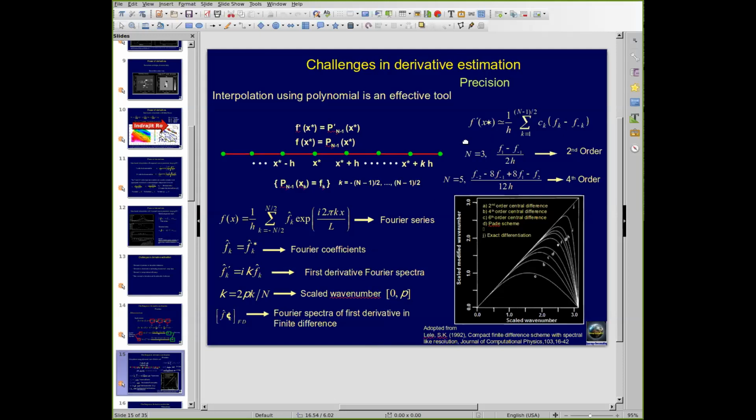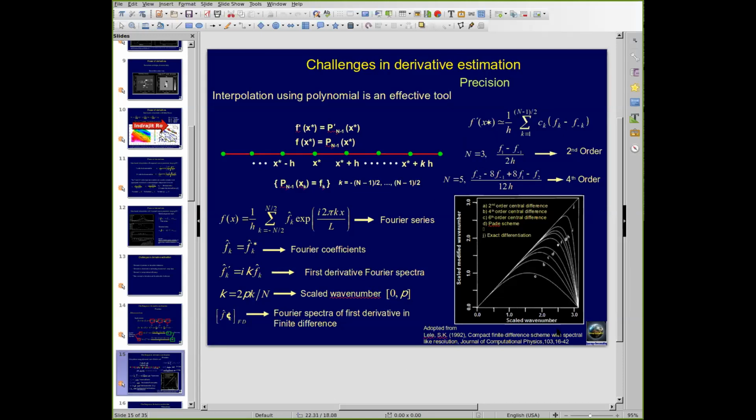And with the fifth order stencil, we require points f of minus 2, minus 1, 1, 2, etc. Why do we need a third order or fifth order? What are the advantages or disadvantages?